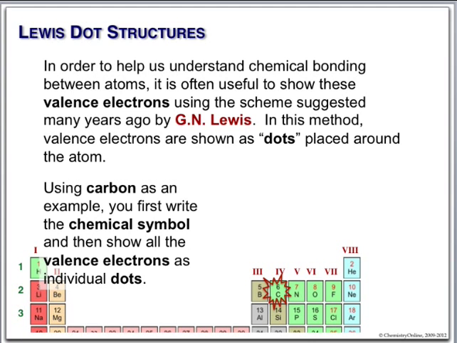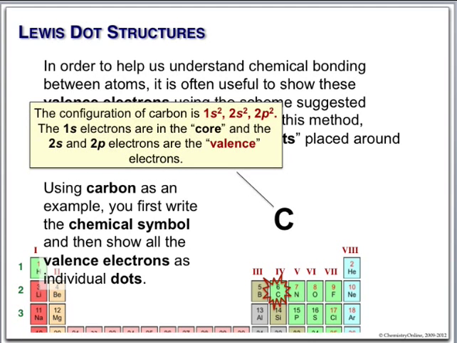So we would start off with a C. C for carbon. Now, the rule is we're going to put the valence electrons around there one at a time, singly. When we get more than 4, we pair them up.